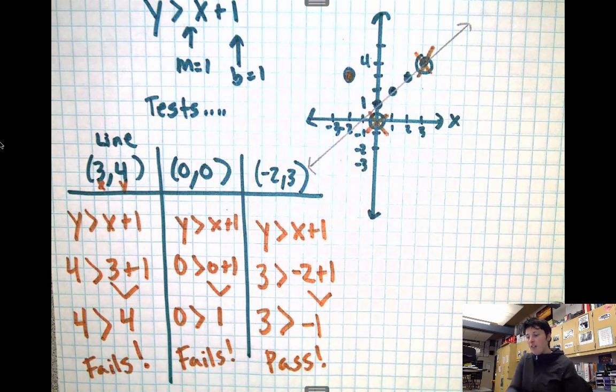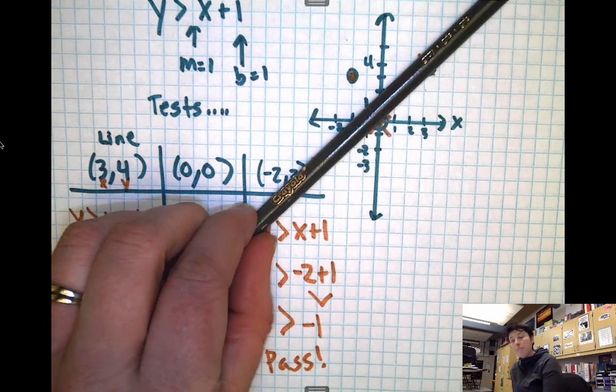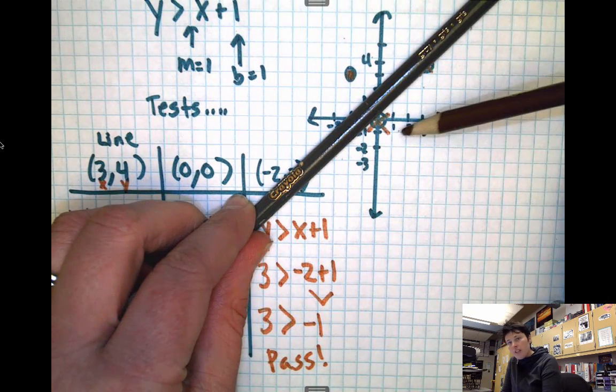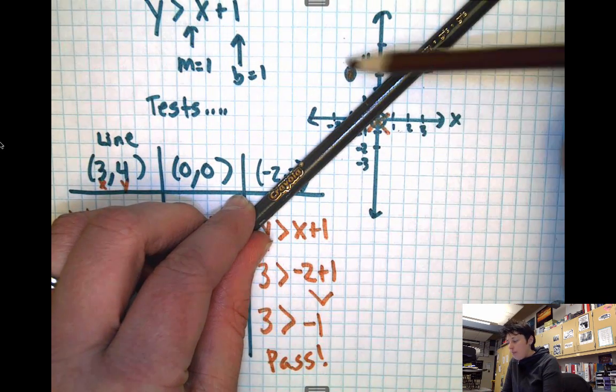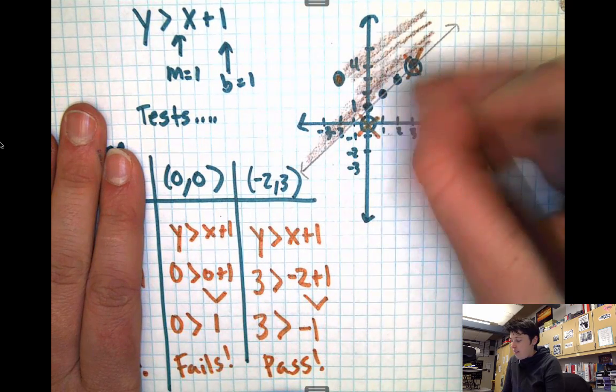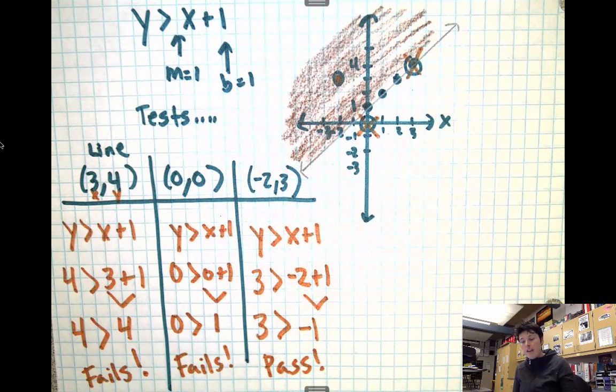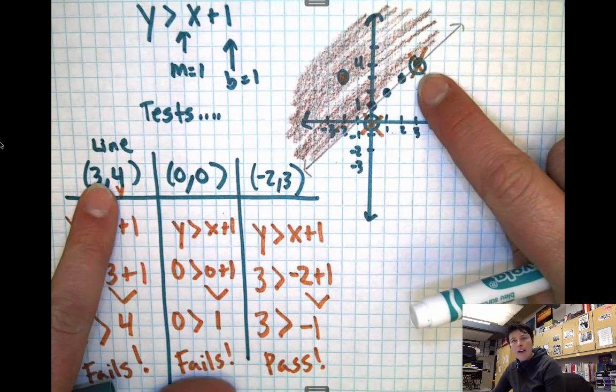So what does that mean on my graph? Well, thinking of this as a line right here, the failed point was down below. Look, there's an X. The pass point was up above. So I'm going to be shading everything that's up above my line. All of this. And on top of that, let's think about the line itself. Did the line value pass?